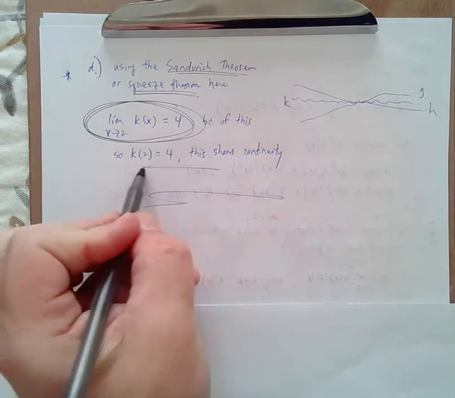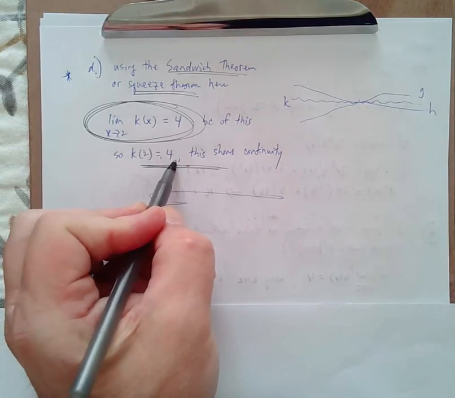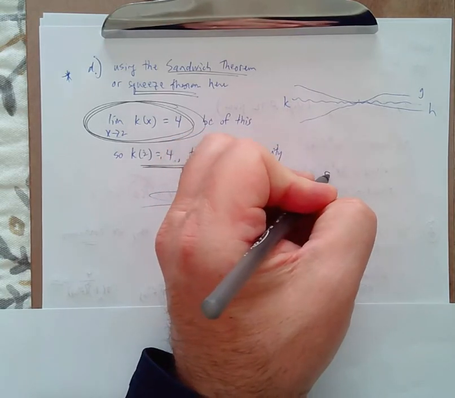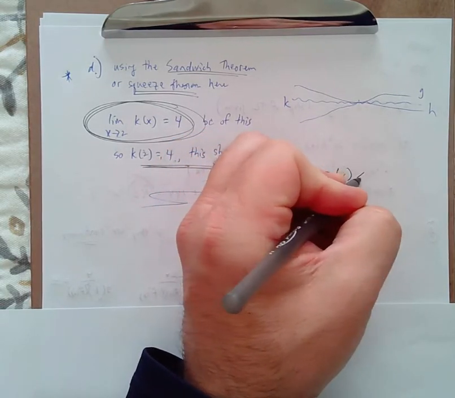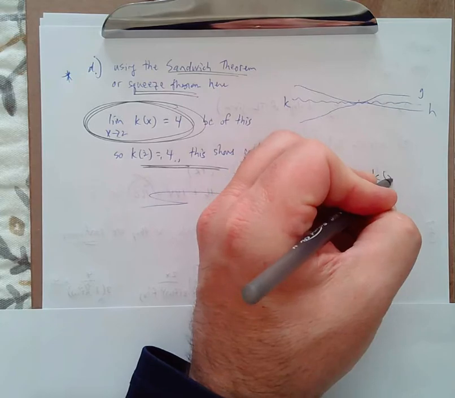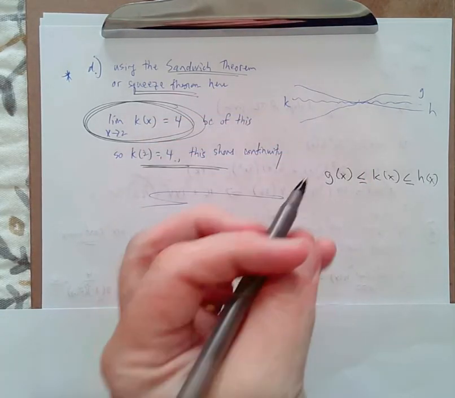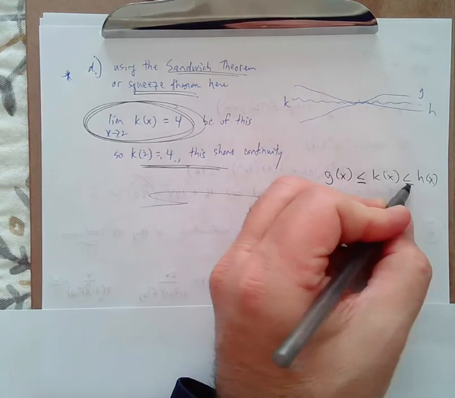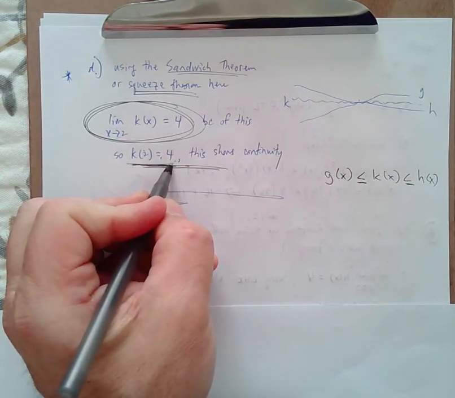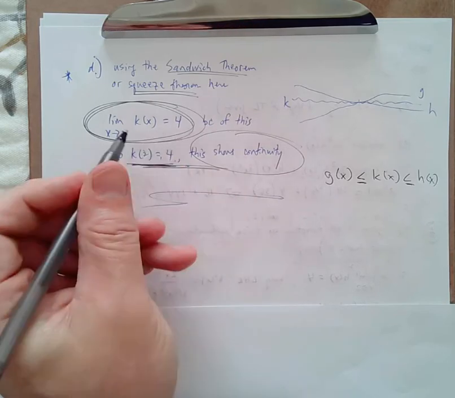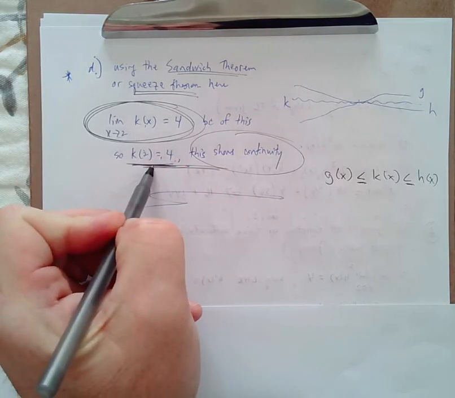And that also shows continuity, that k of 2 has to equal 4, because they told you that g of x was less than or equal to k of x less than or equal to h of x. However they did it, the fact that it's less than or equal to implies that k of 2 is 4, which shows the continuity because the limit exists and the function exists.